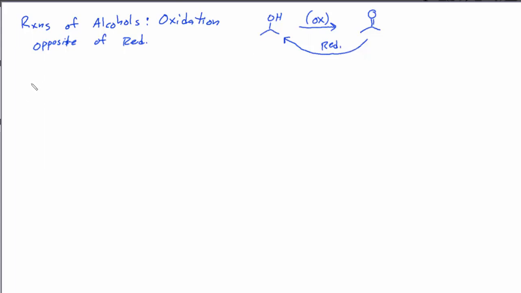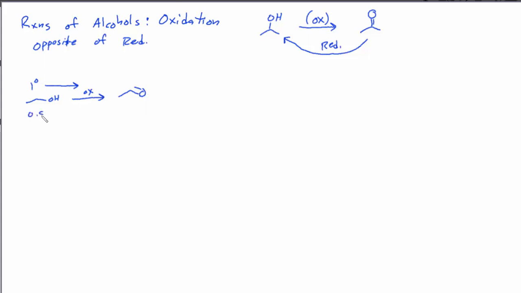So we can look at a primary alcohol, and if we oxidize it, actually let's draw that out instead of writing primary. We can oxidize the primary alcohol to the aldehyde, and we've lost two hydrogens this way.